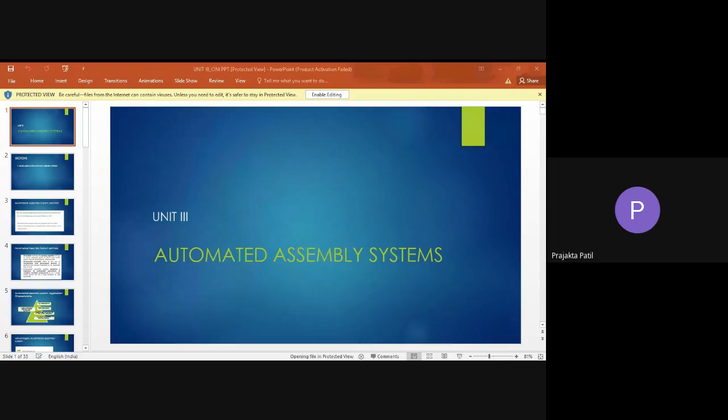Manual assembly line is where you have all the labor working in order to complete the assembly system. Whereas when it comes to an automated assembly line, you do not have human intervention to a great extent. You just have very little human intervention. Just ignore the spelling mistakes in the slides.